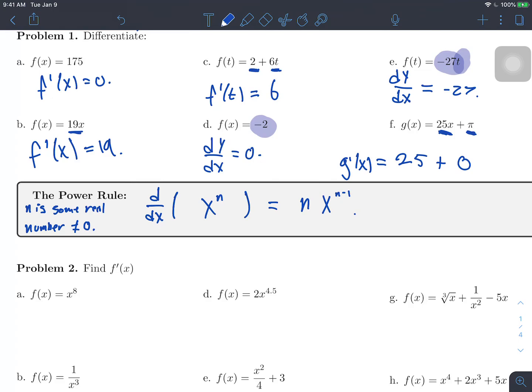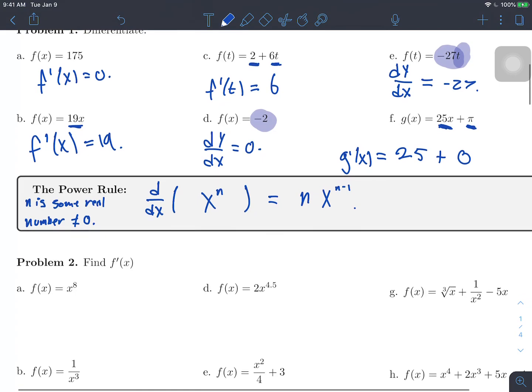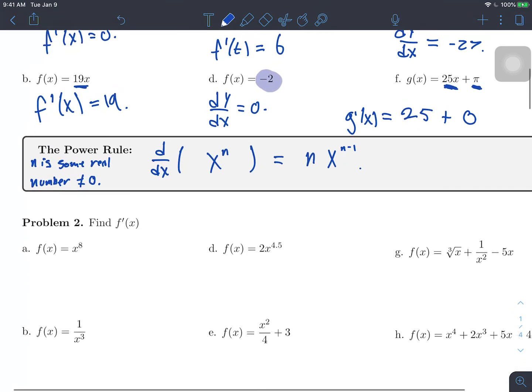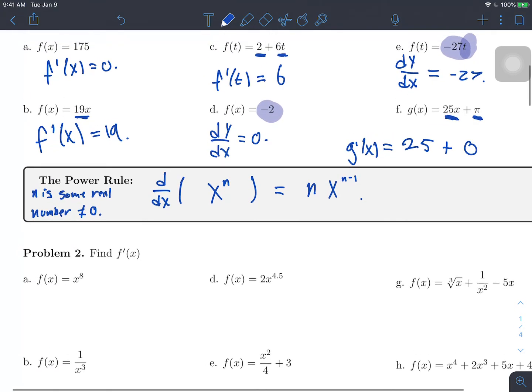Okay? So we take the old power, we multiply it down front as a constant, and then we decrease the power by 1. So, using this new rule here, who can help me apply that rule to problem 2a? We've got x to the power 8 and we want to do the derivative of it.